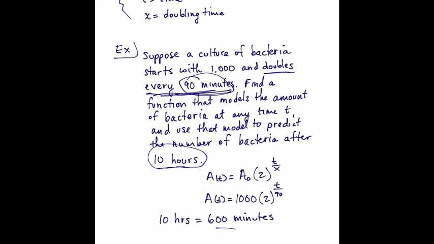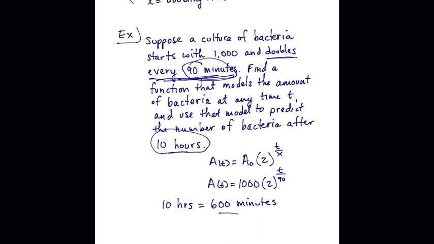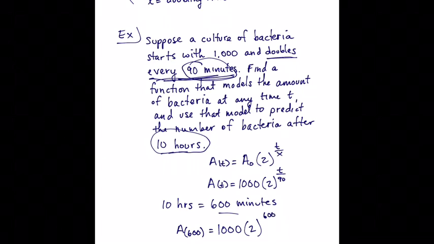I'm going to use 600 minutes rather than 10 hours because that's going to match my doubling time unit of measure. So the amount after 600 minutes is equal to 1,000 times 2 to the 600 over 90.